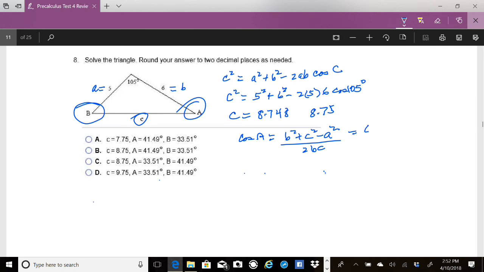B is 6, C is 8.748 squared, minus A squared, which is 5 squared, divided by 2 times 6 times 8.748.